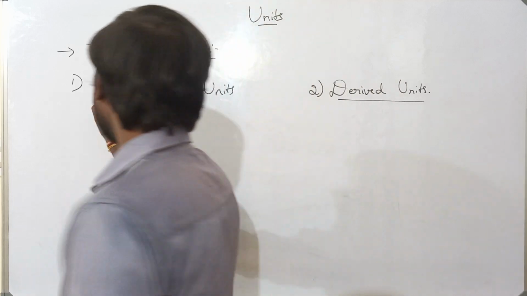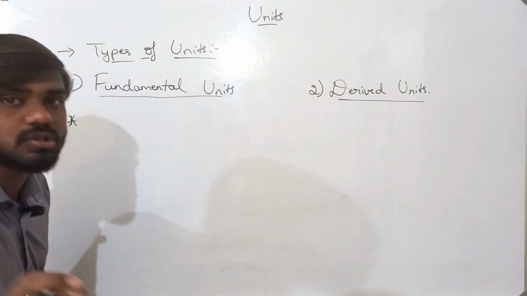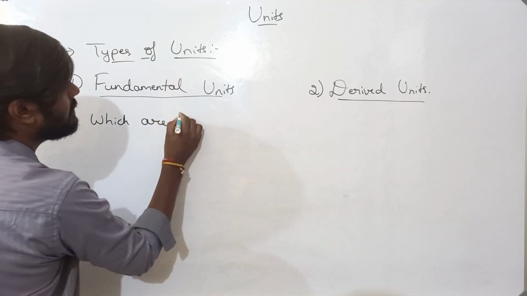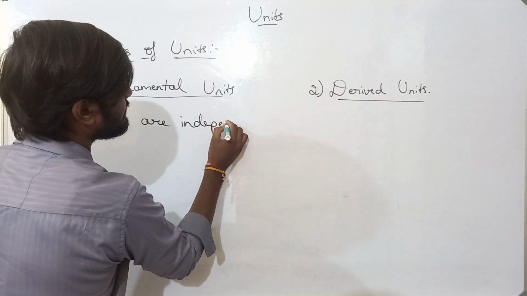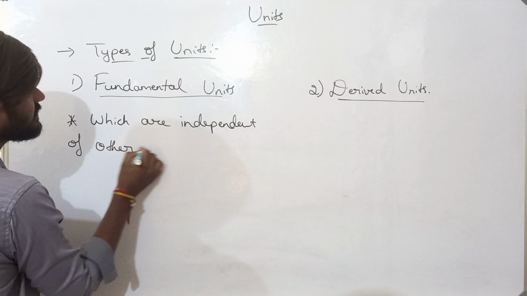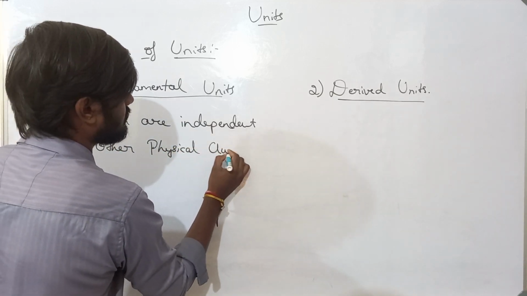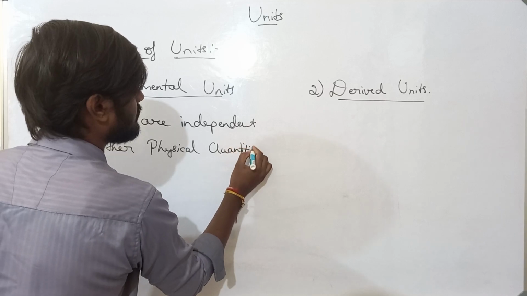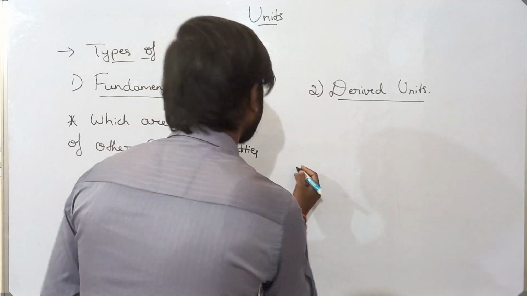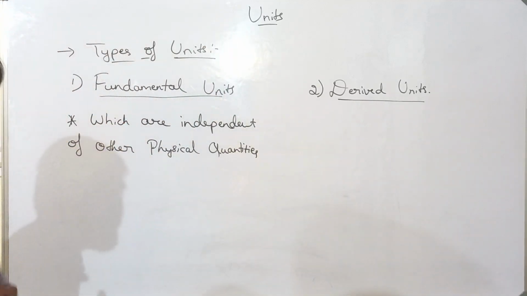So, in total, you can say fundamental units are those units which are independent of other physical quantities. We'll come to the derived units part. First, let us understand what are fundamental units.